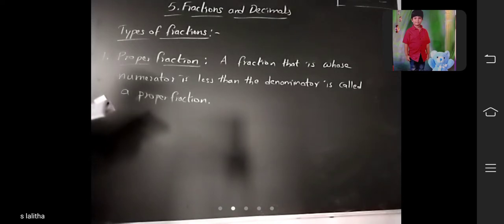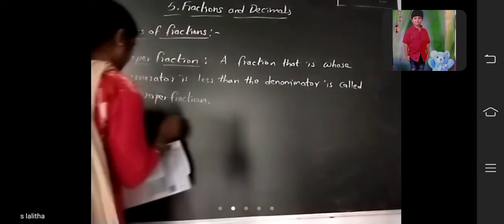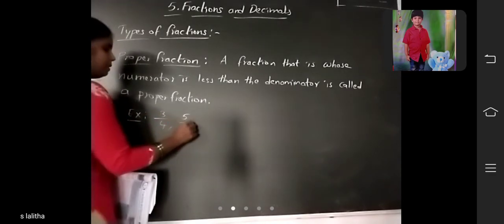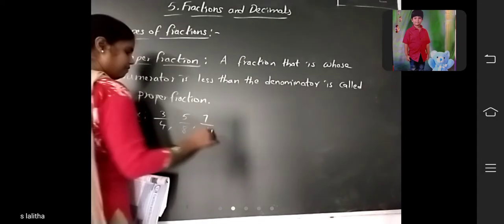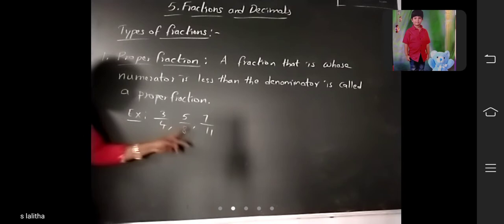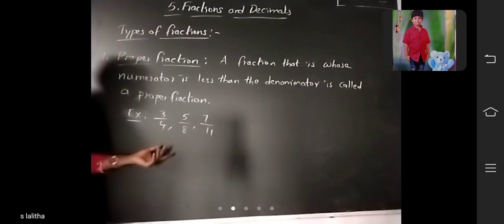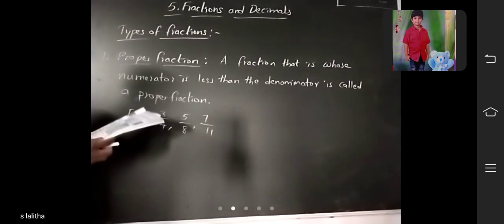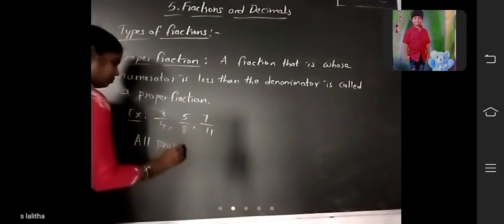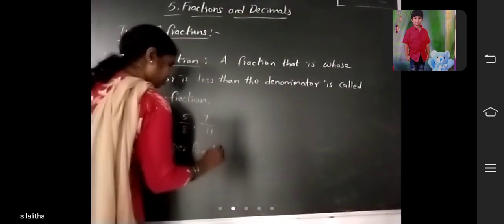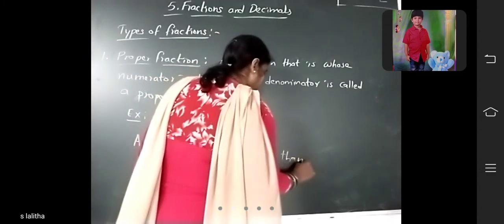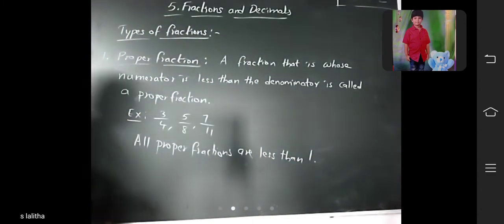So what are the examples? 3 by 4, 5 by 8, 7 by 11, like that. Okay. See here, the numerator is always less than the denominator. So these fractions are called proper fractions. All proper fractions are less than 1. Right.